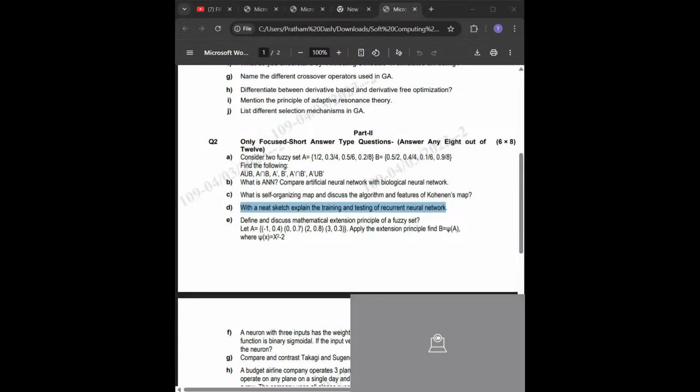Basically, the output is fed back into the input layer. The network remembers past information using the hidden layer, enabling it to learn temporal dependencies.